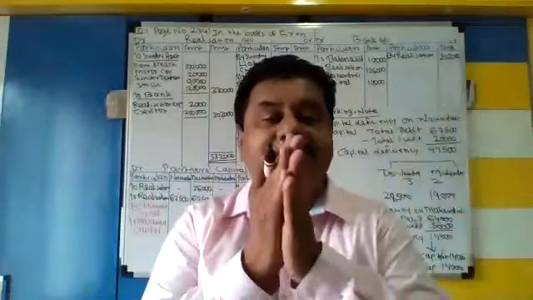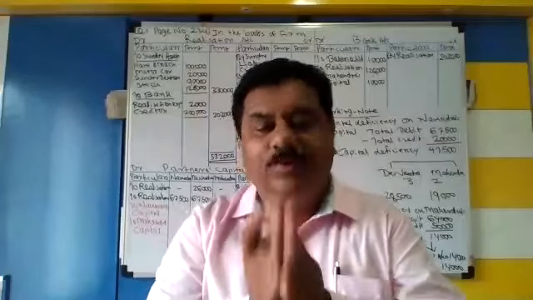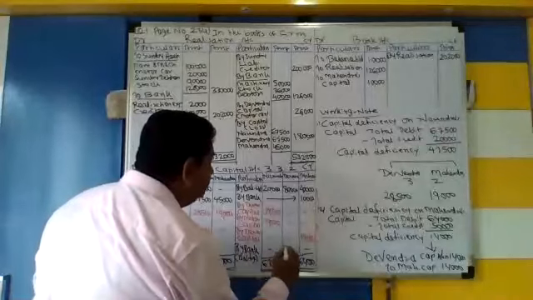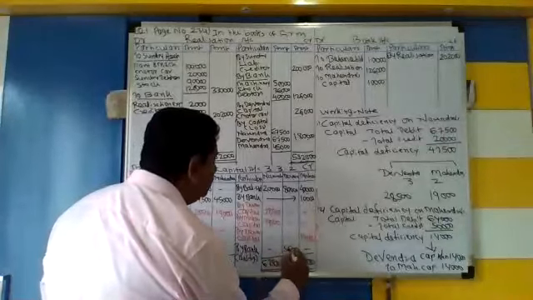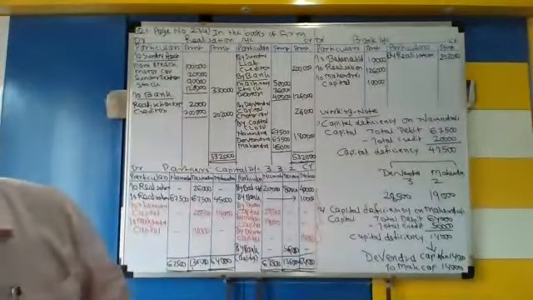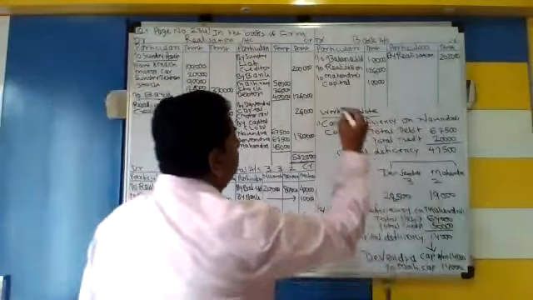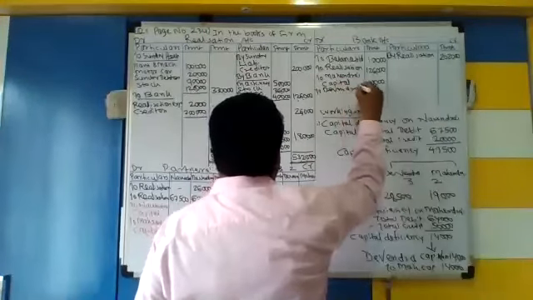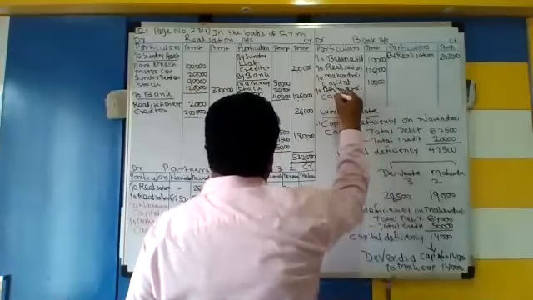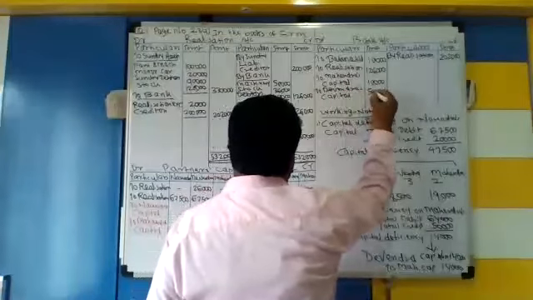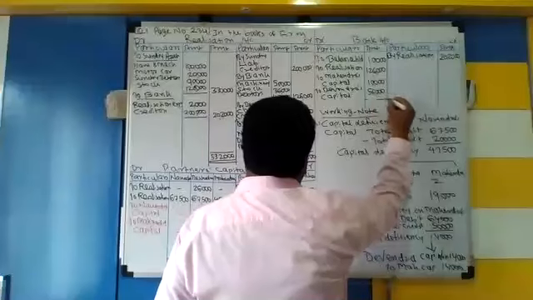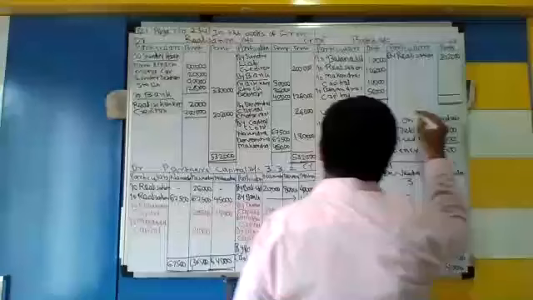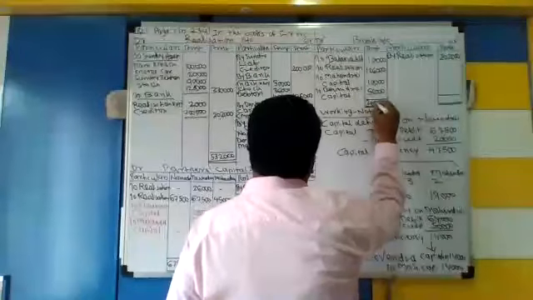So the amount he is bringing is 56,000 to close down the business. By bank to Devendra's capital. And now your bank account will get closed by 2,02,000.